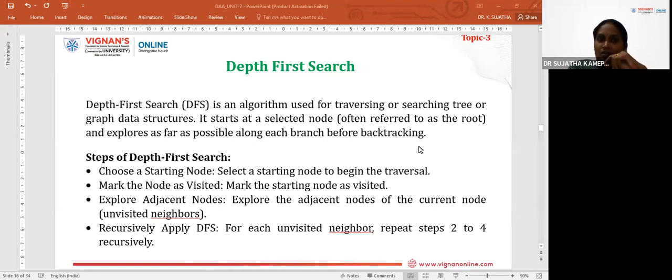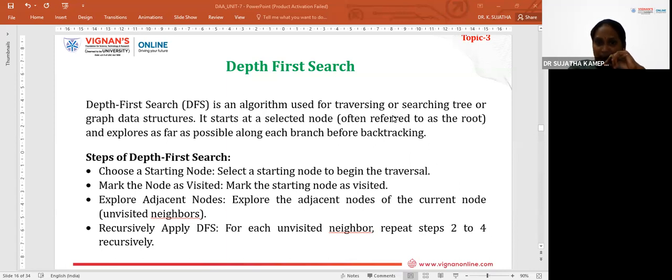Depth first search is an algorithm used for traversing or searching a tree or a graph data structure. I hope that you all know a tree data structure as well as a graph data structure.